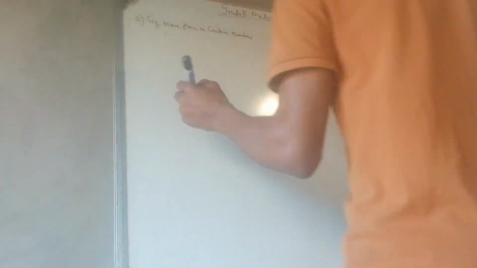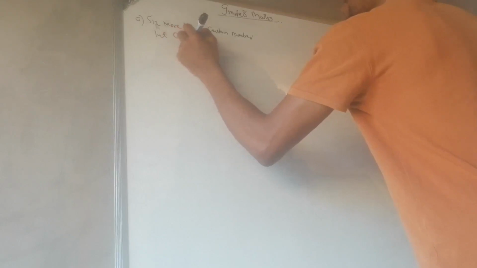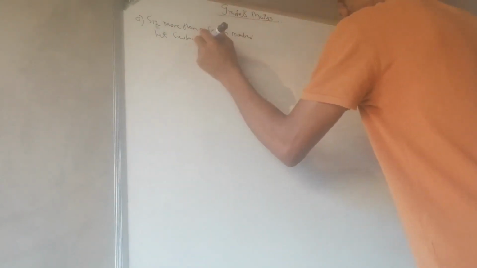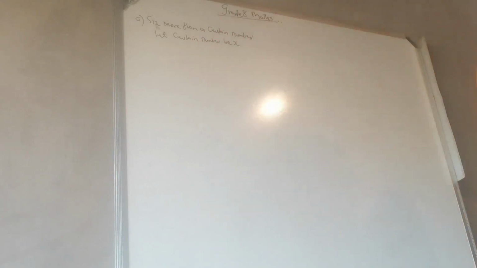6 more than a certain number. We don't know that number, but that number is 6 more. So, let that certain number be x, whatsoever alphabet.